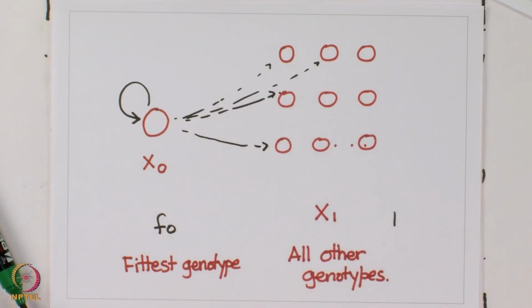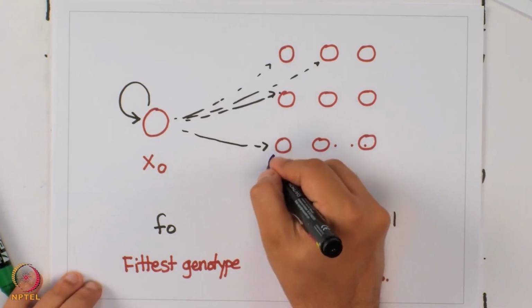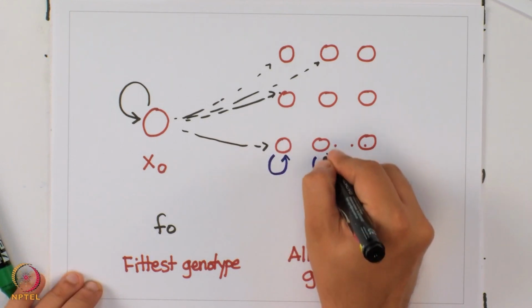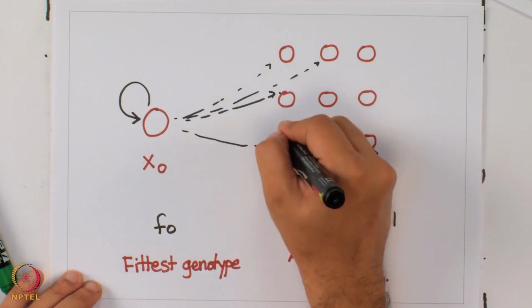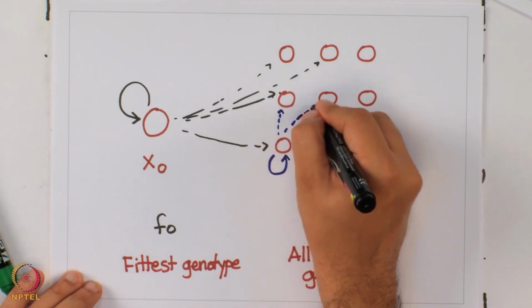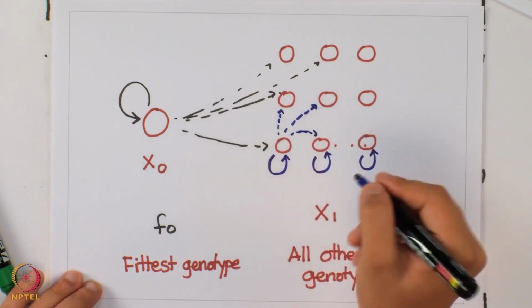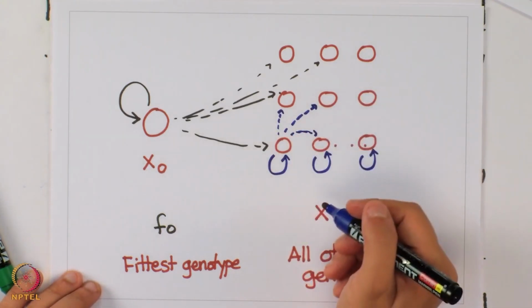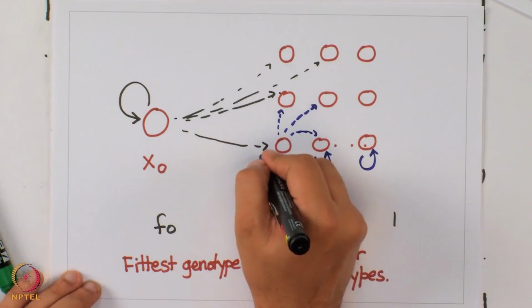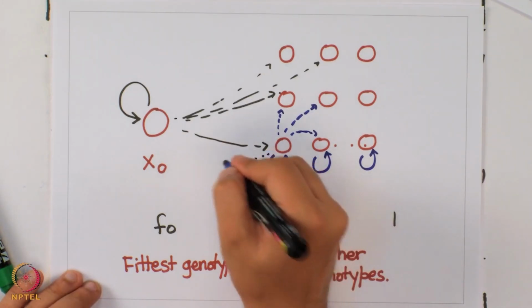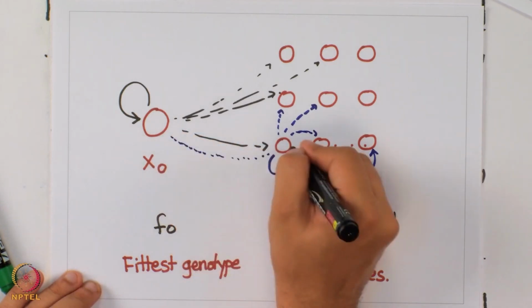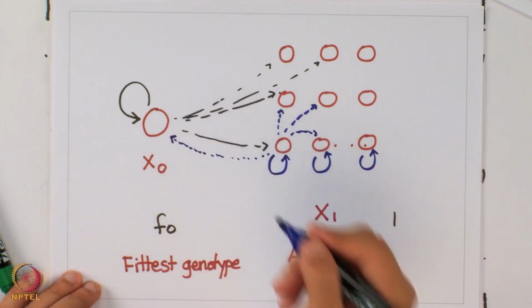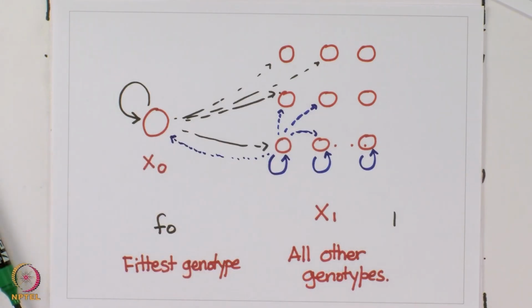That is going to happen, but at the same time all of these other nodes are going to replicate, and they are going to produce progenies which are identical to themselves, but they will also make errors during the replication process and lead to progenies of other genotypes. In addition, it's also possible that a division of this particular genotype leads to a progeny which actually converts to the fittest genotype and goes over to the other pool.